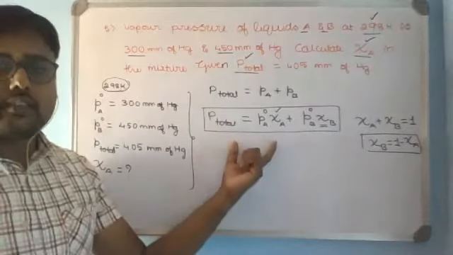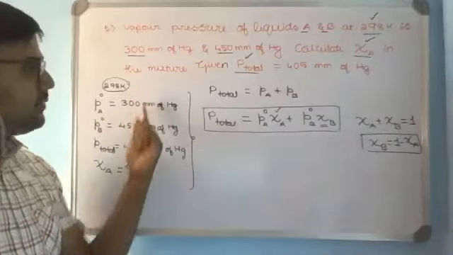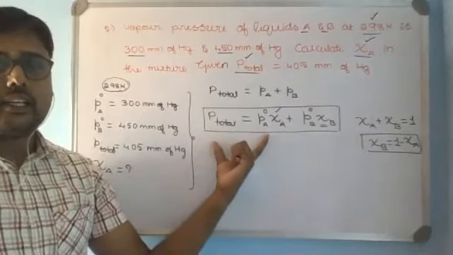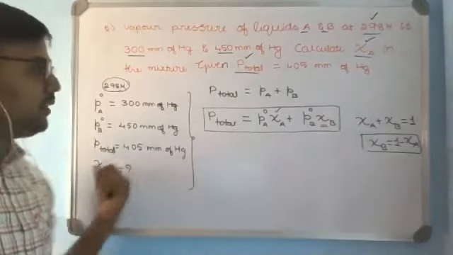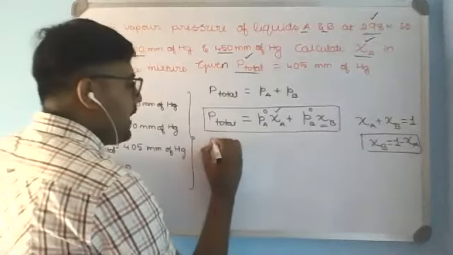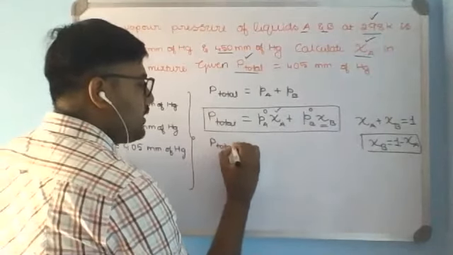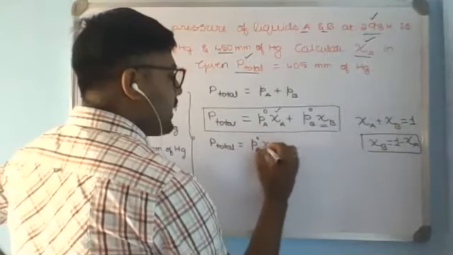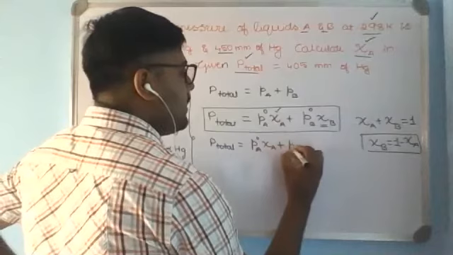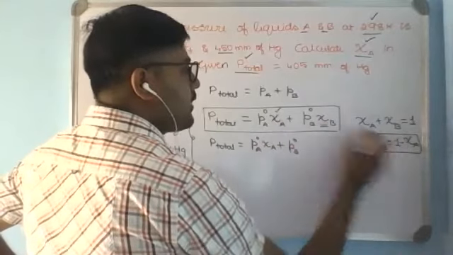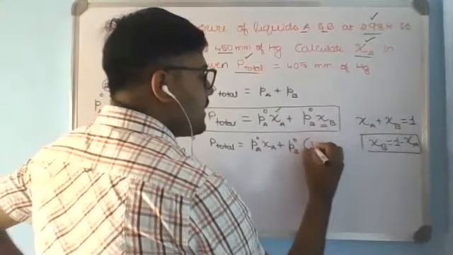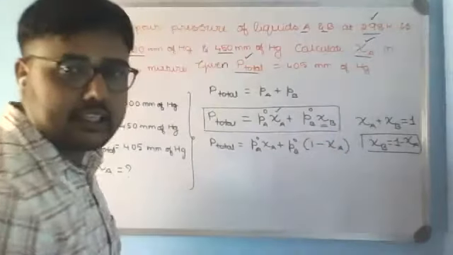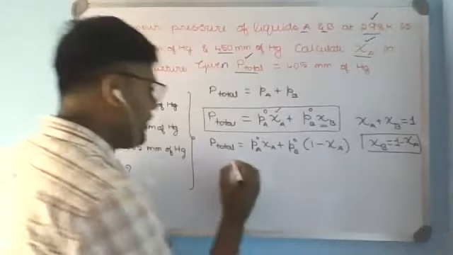The formula we have recollected and the given data we have noted. Now, with the rearrangement, we'll take the equation form for finding the mole fraction of A. P total is equal to PA naught mole fraction A plus PB naught, and instead of mole fraction of B, we'll consider 1 minus mole fraction of A. We'll further rearrange the equation, then substitute the values.